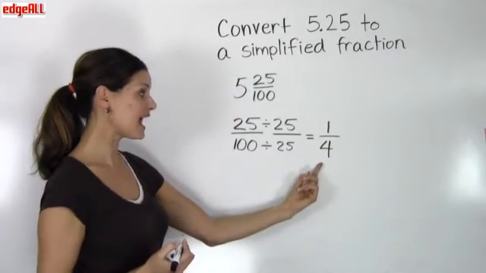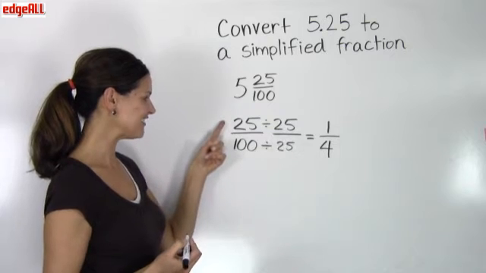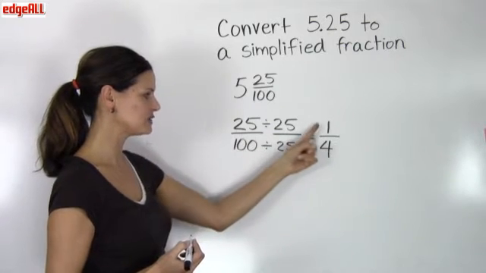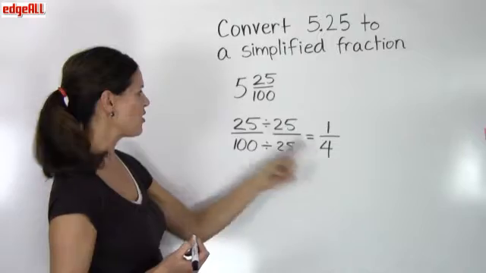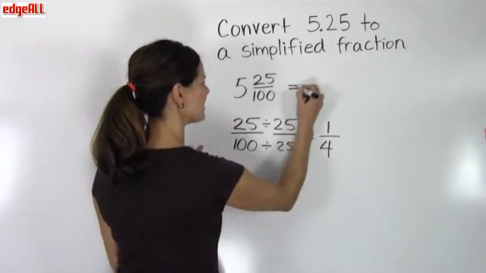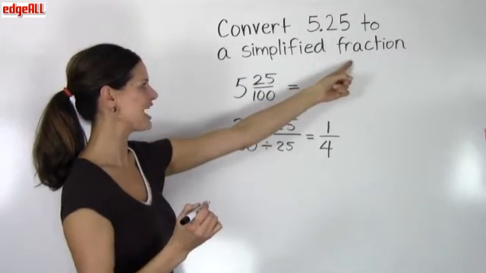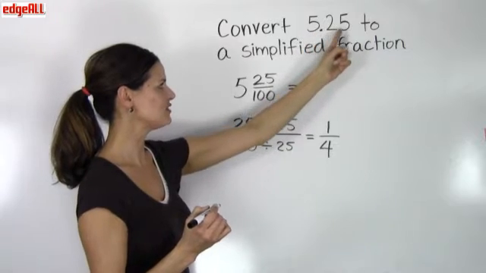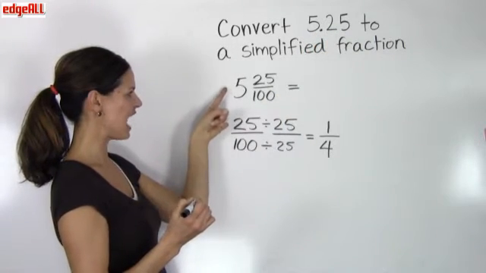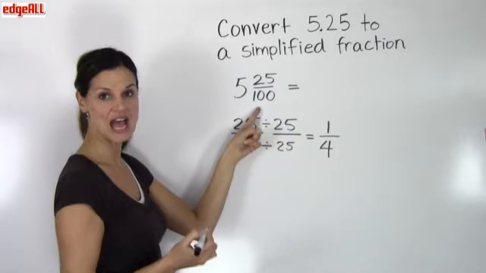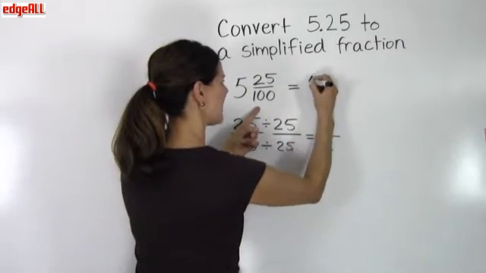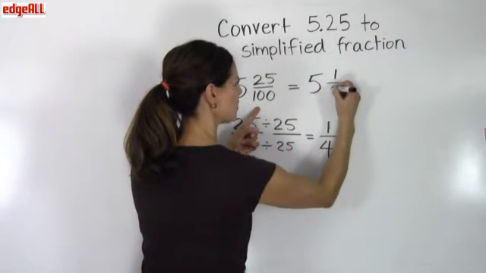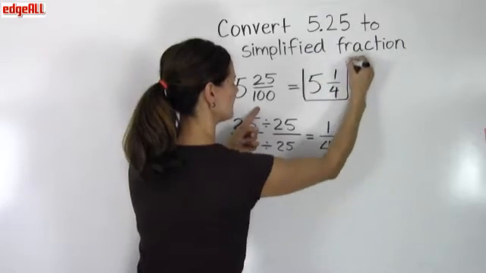So the simplified form of 25 100ths is 1/4. So I can do that in my solution here and make a simplified fraction. So 5.25 is equal to 5 and 25 hundredths, which is simplified to 5 and 1/4.